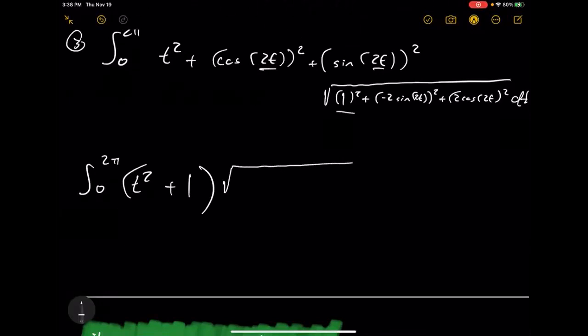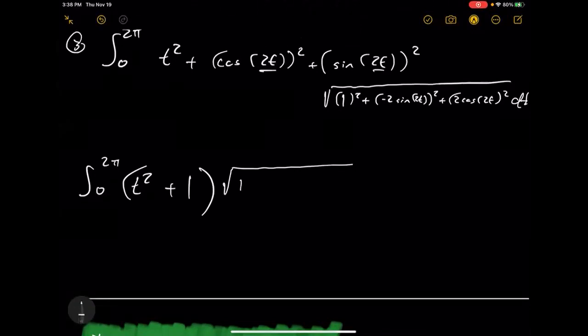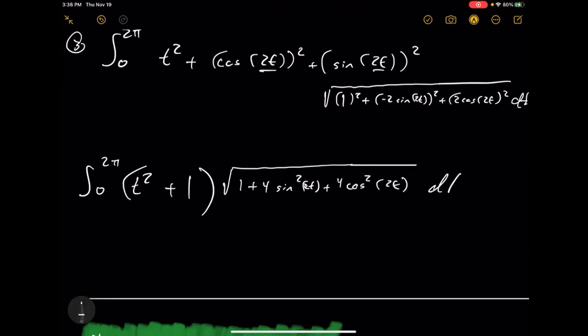Okay, I got 1 plus 4 sine squared 2t plus 4 cosine squared 2t dt.